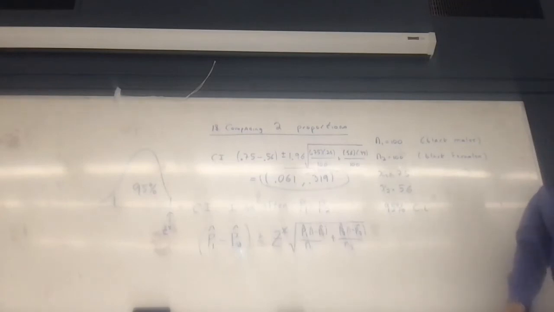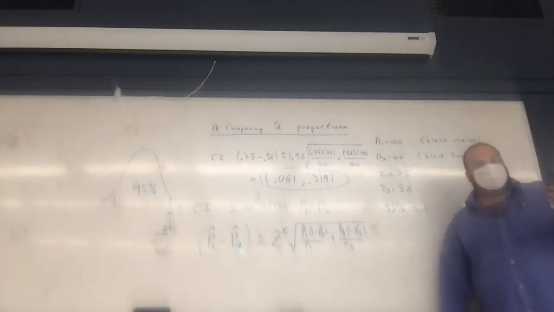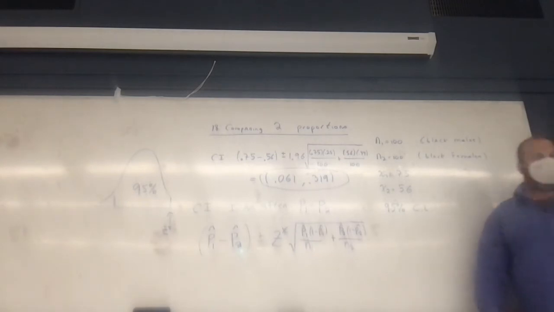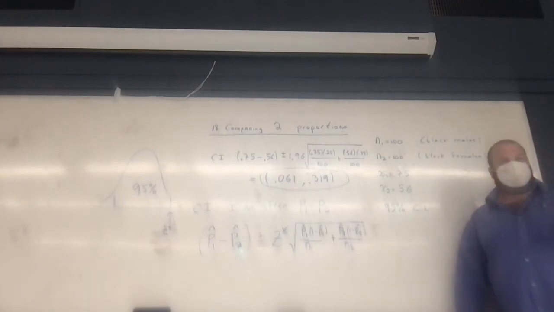So do you have your TI in front of you? Okay, stat, test. And go down until you see 2-PropZInt. It is a 2 proportion z interval. You see that?